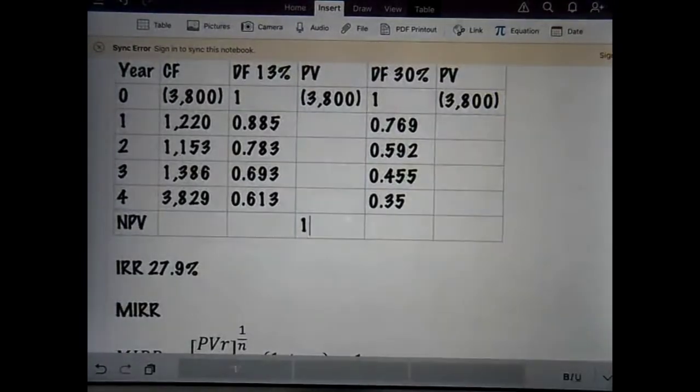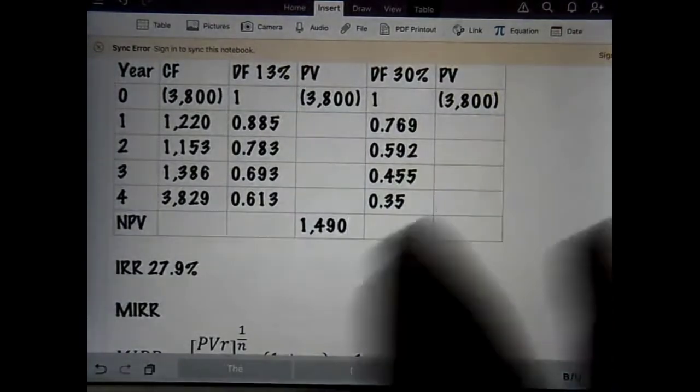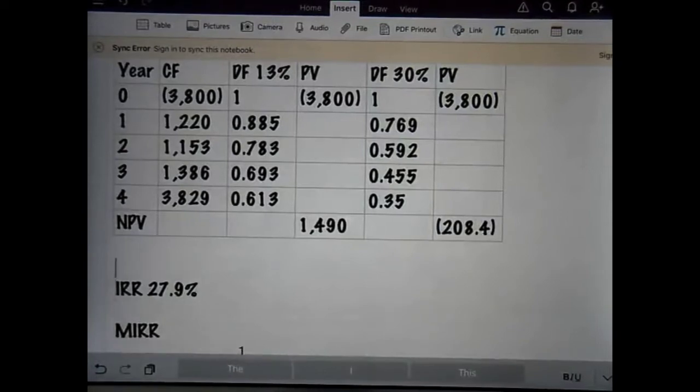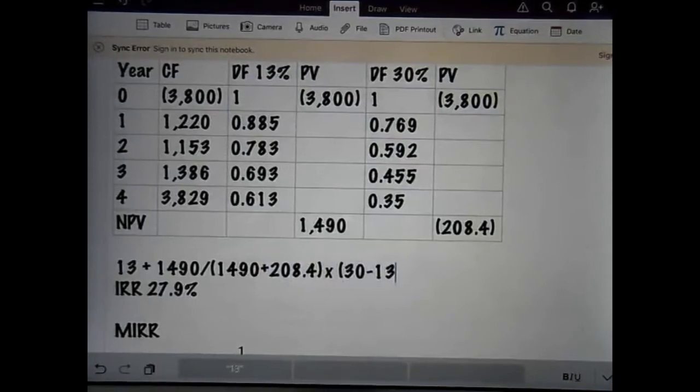NPV? 1490. Here is negative, right? 20. Got it?